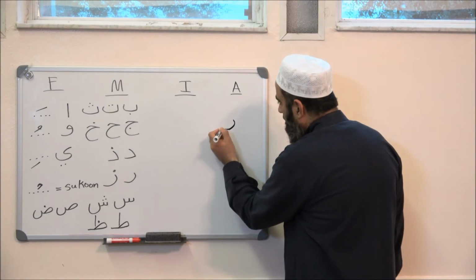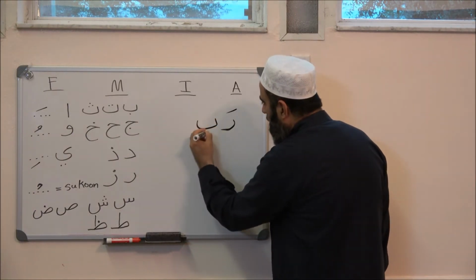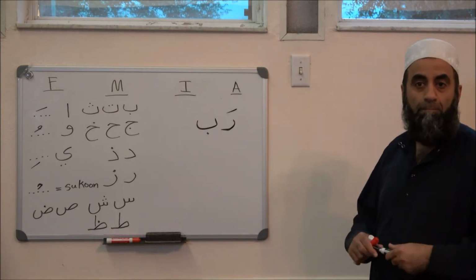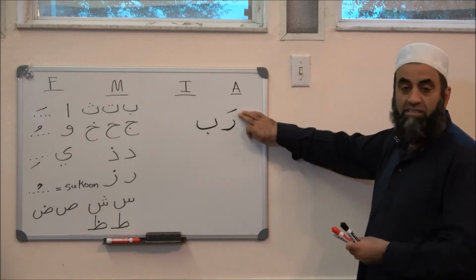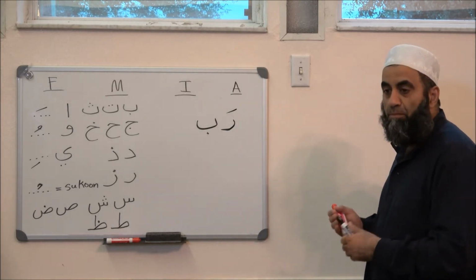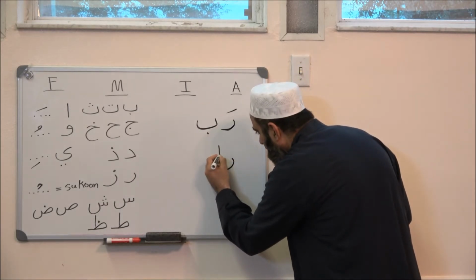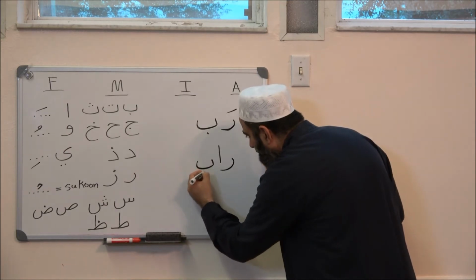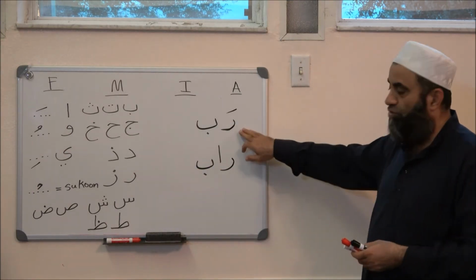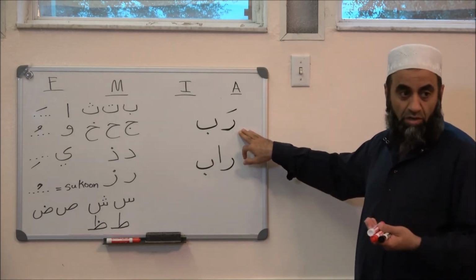So, who would like to read? Rab. Notice that this is a short vowel. If I compare it to this one now, so this is Rab, which means Lord, sustainer, our Rab.